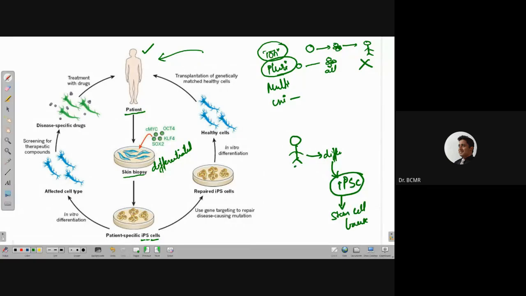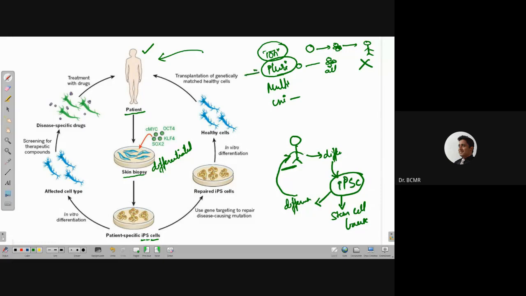If this individual anytime in the future has an issue, they would take the iPSCs from the cell bank, derive the particular differentiated cells, and put them into the individual. That is likely to happen. Already there are stem cell banks in the majority of our cities, where they store umbilical cord blood stem cells. But this is going to happen in the near future.